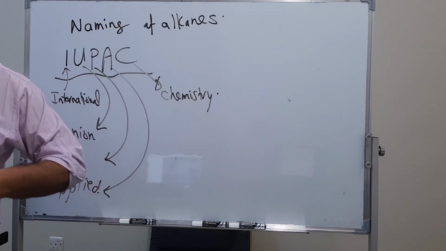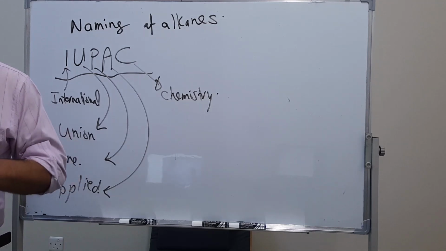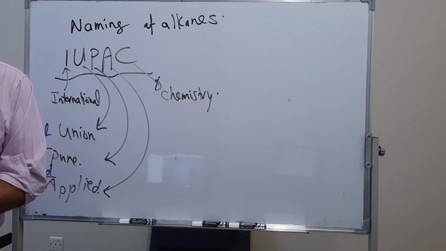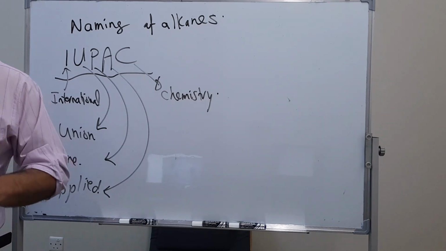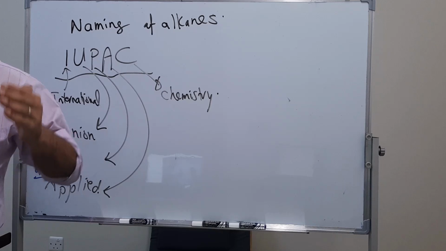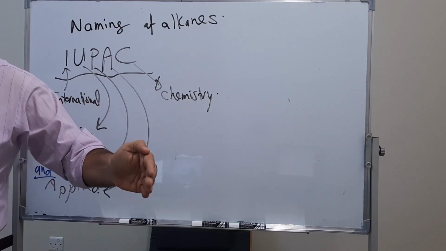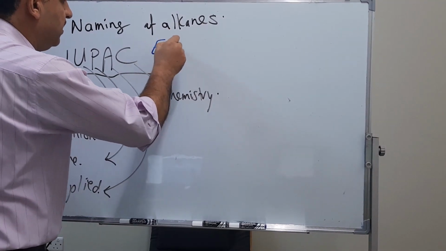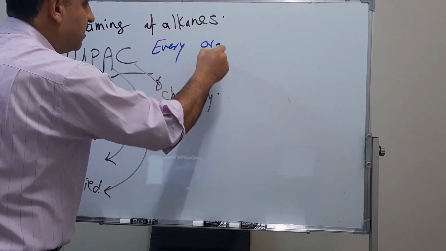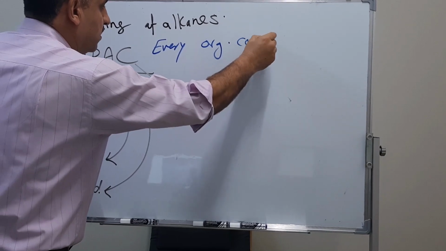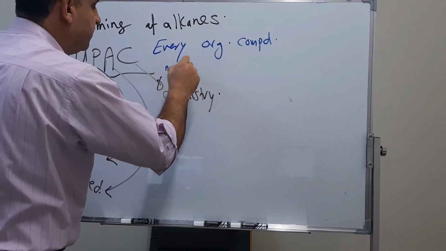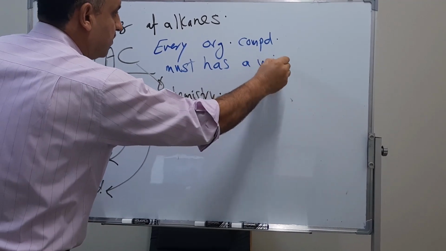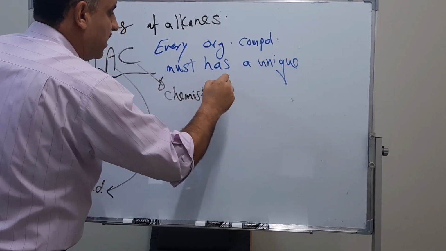We are using these rules for one purpose, and this is the main purpose of following the rules here: every organic compound must have a unique name. So the motto of IUPAC is that every organic compound must have a unique IUPAC name.